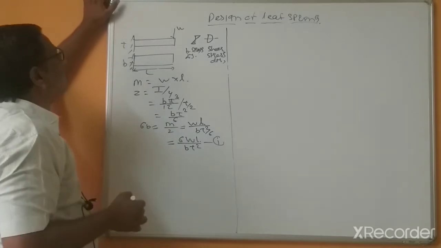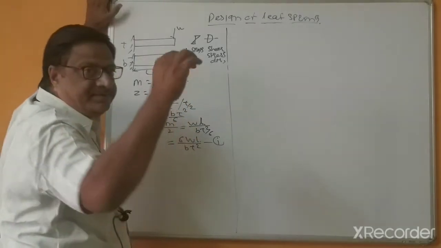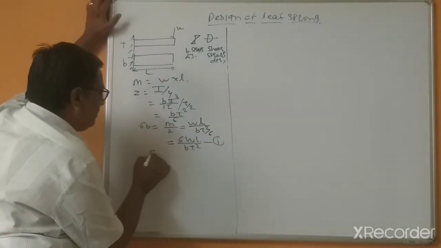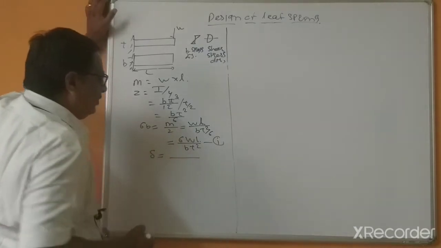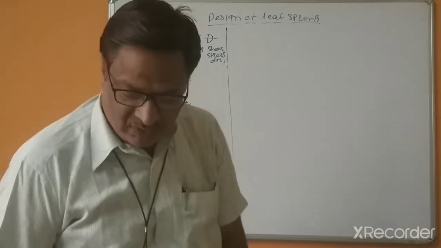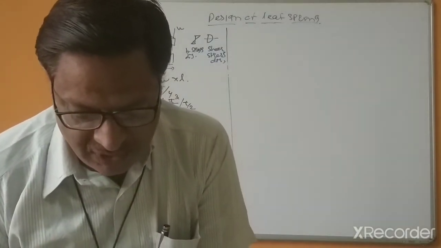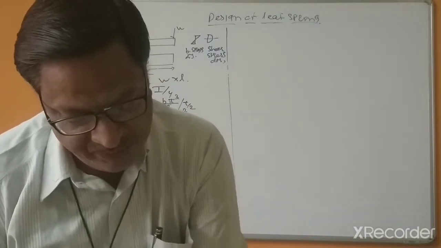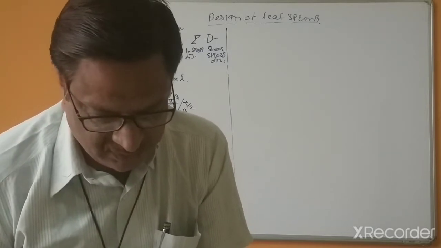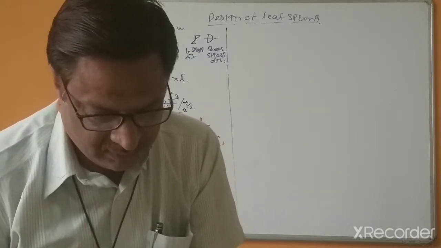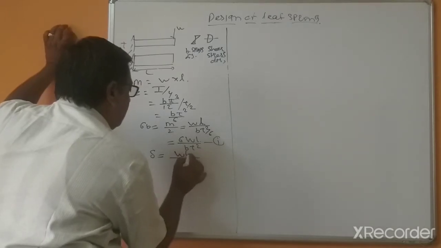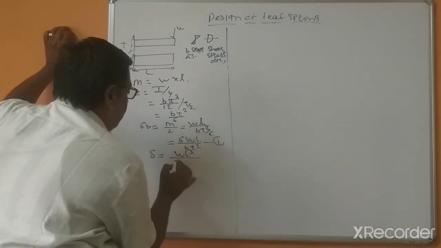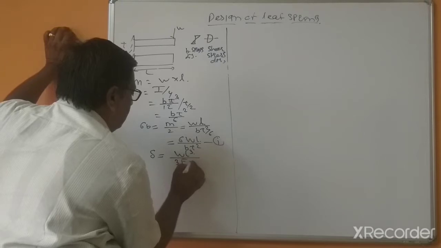Now the deflection above the spring can be found using Euler's formula, for one end fixed and the other end free: deflection equals WL cube divided by 3EI.